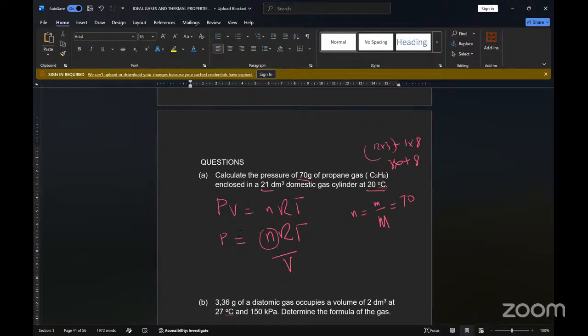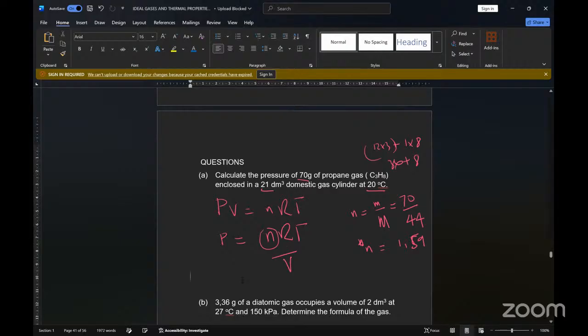So your molar mass here is 44. So your N is going to be 70 divided by 44. And that gives you 1 comma 59. Okay.